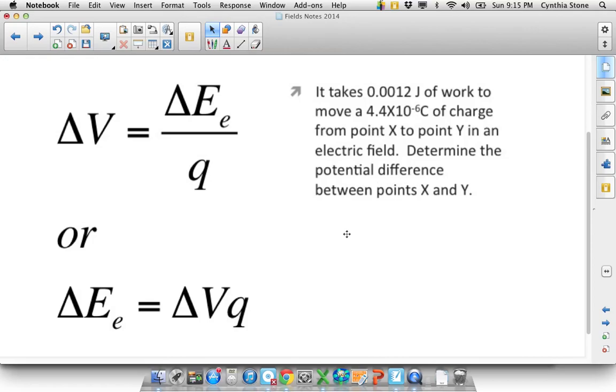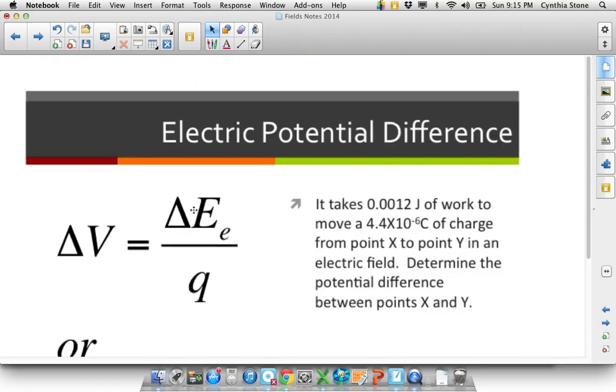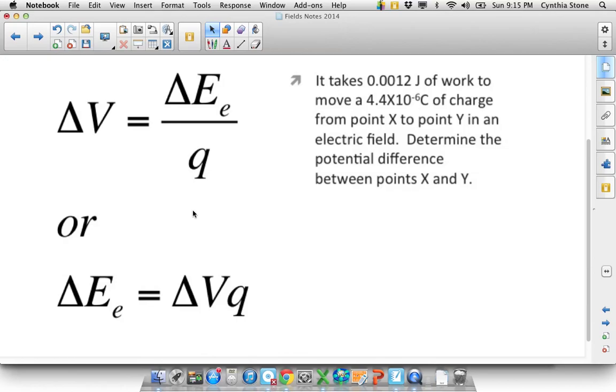So I'm looking for potential difference delta V right here, and actually this is the equation I use, because delta V is what I'm looking for. Change in E is the work, because work equals change in energy, and there's my Q. So it's actually pretty simple. So simple I never actually did it. Okay, so the way you would do this, I better write it out though.